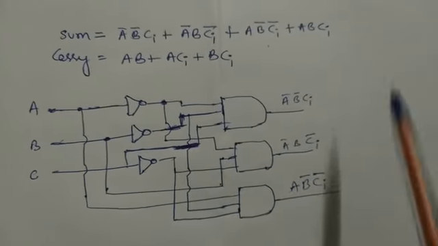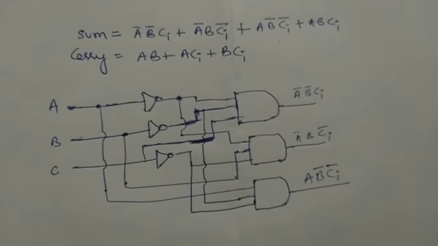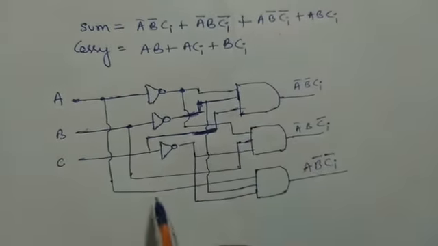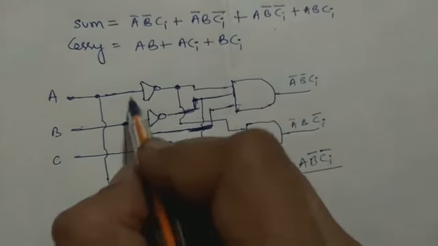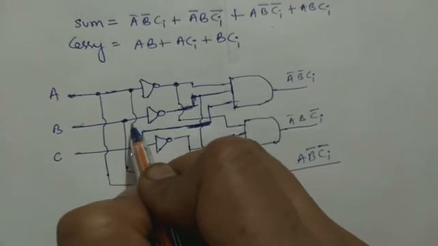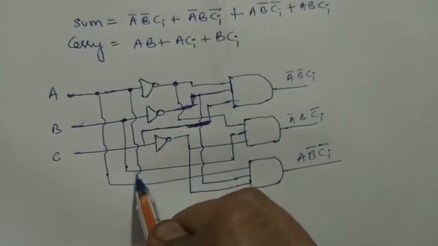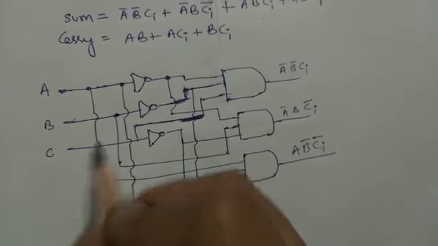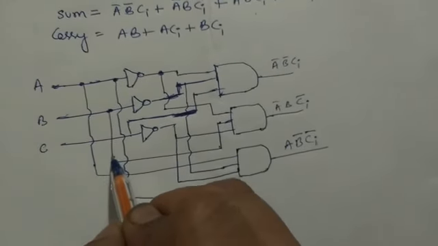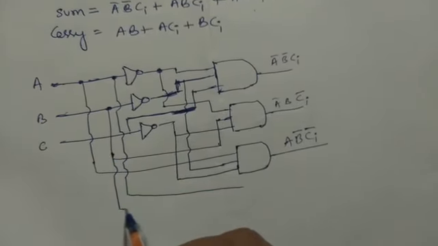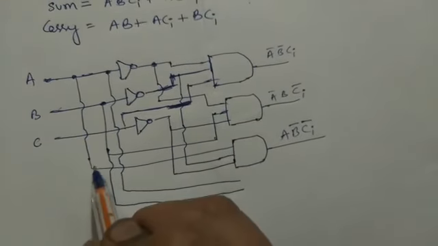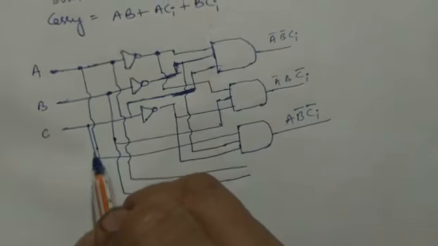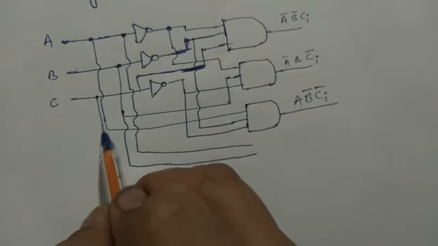Then we have ABC, which should be easy for us. From here we can take A, then B, and then C. C from here I can take.